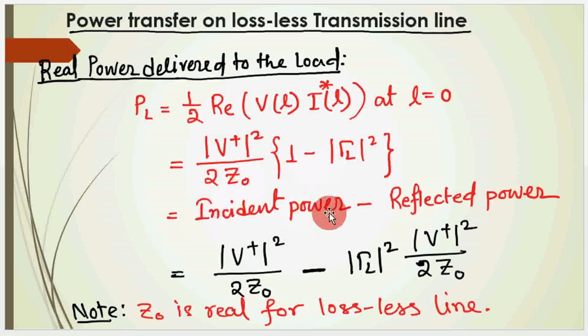One is the incident power and another is the reflected power. The difference between these two is the power delivered to the load. So this quantity is the incident power and this quantity is the reflected power. In case of reflected power, you have to multiply by |Γ_L|², and the difference between these two is the power delivered to the load. And we have seen that Z0 is real for a lossless line.